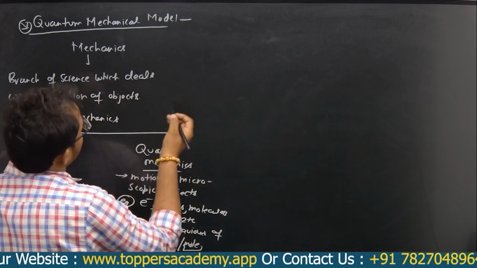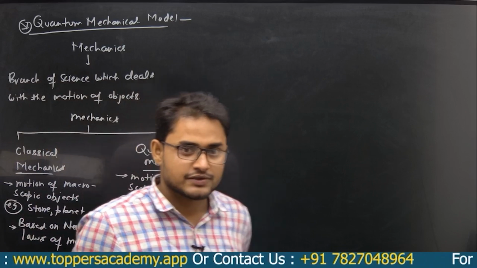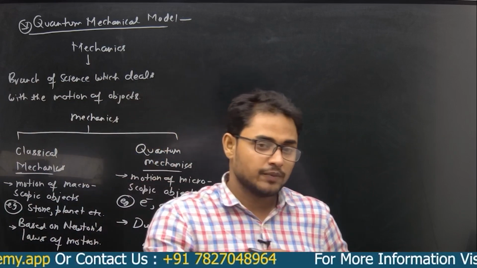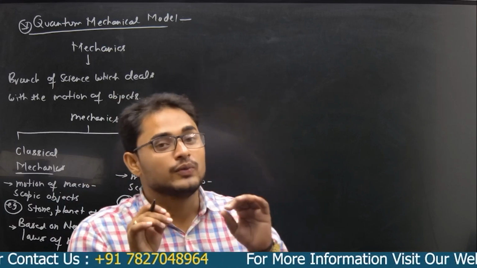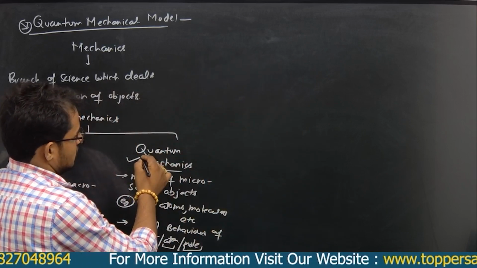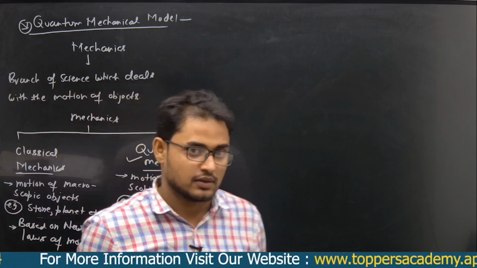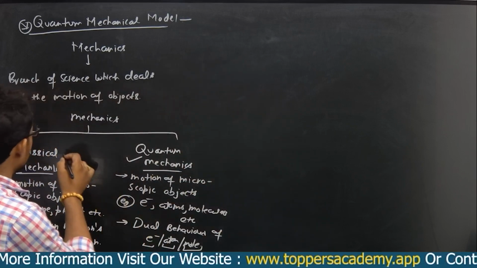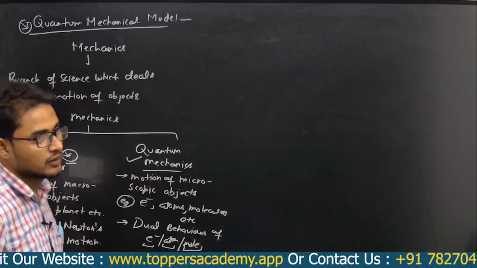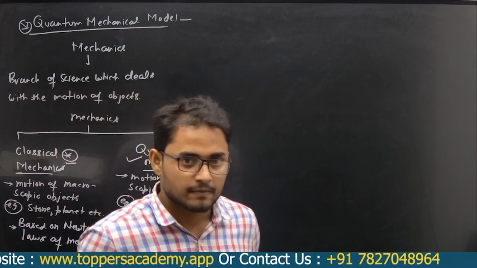So what is the name of our chapter? It is atomic structure, atom. An atom is a microscopic object, so we apply quantum mechanics here. We cannot apply classical mechanics here.